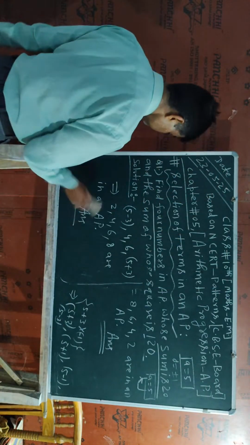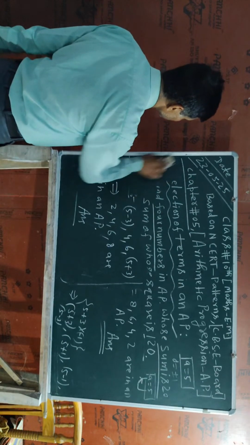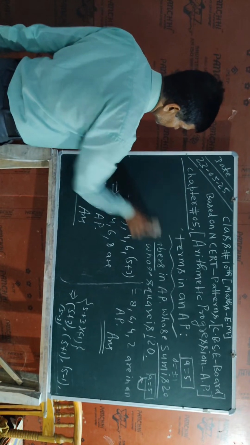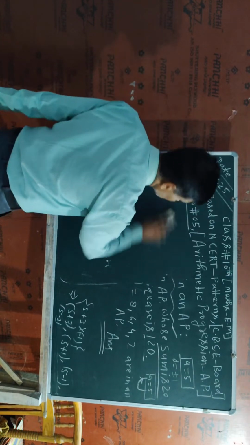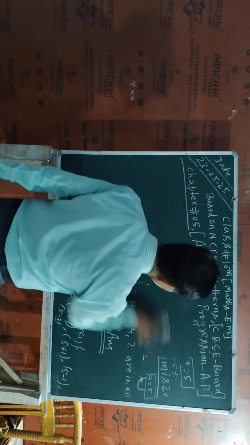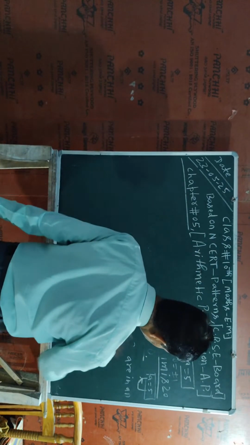Now, first of all, I am going to erase the written data and its solution. Then I will write the question, and after writing the question, I will give its solution.